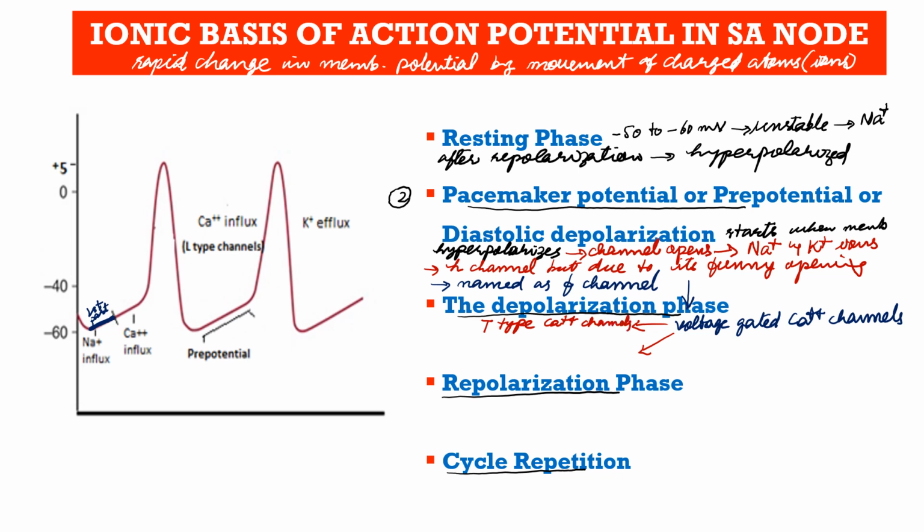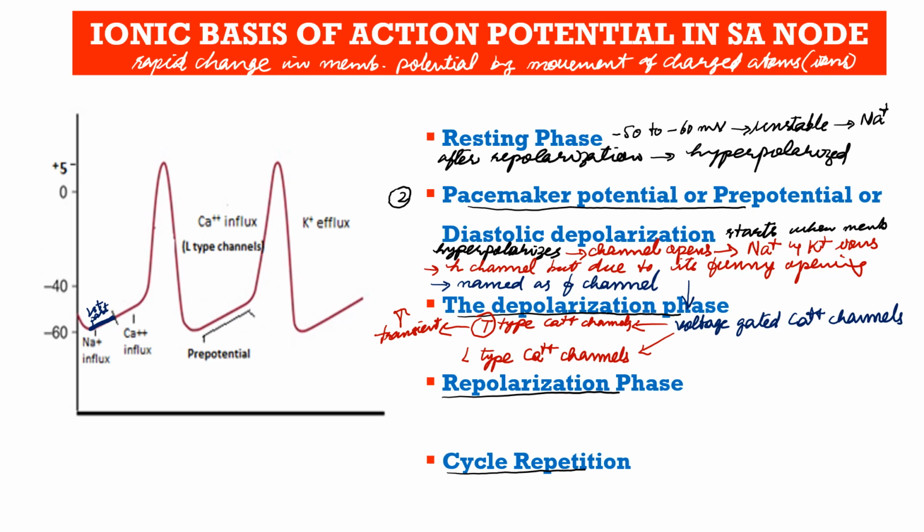The second type of voltage gated channels in the SA nodal membrane is called L-type calcium channel. The T stands for transient, meaning they open for a fraction of a second and then these channels close.